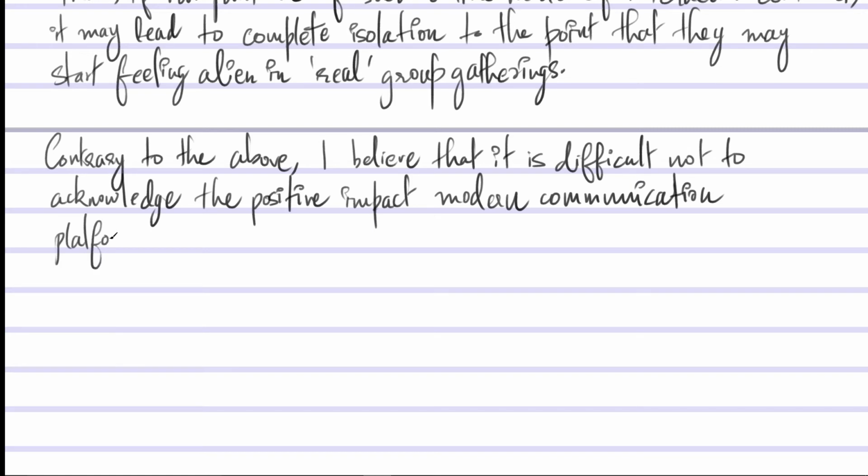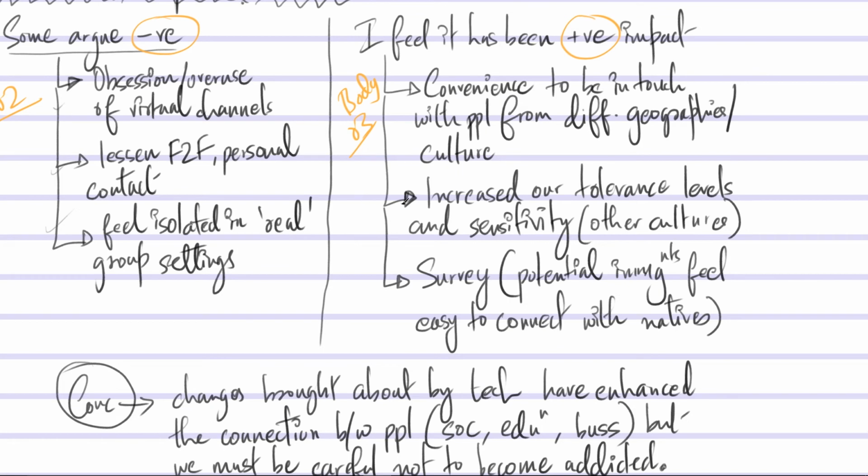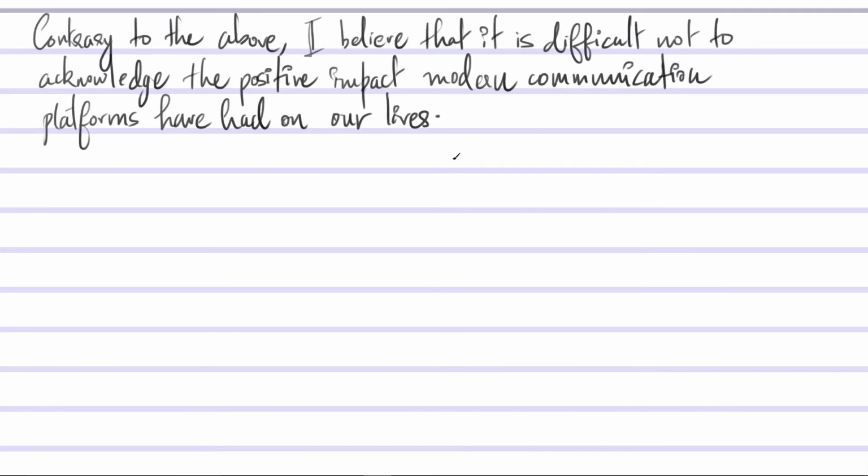So another paraphrase for social networking sites or applications is modern communication platforms. It's a nice topic sentence. The topic sentence itself makes it clear that it's going to talk about the positive impact modern communication platforms have. So let's again head to our plan. Convenience to be in touch with people from different cultures and geographies.